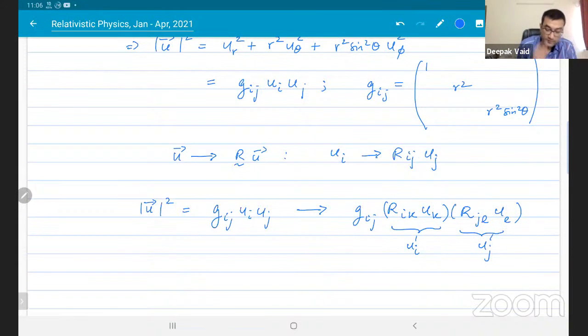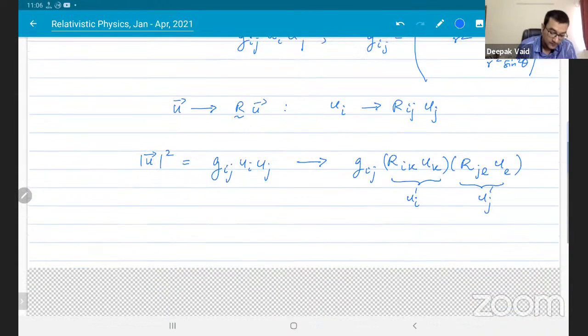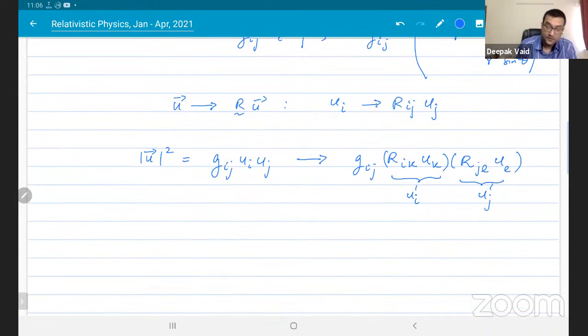This is u_j prime. Okay, so what happens to u prime squared? The norm of the vector after the rotation can be written as follows: Gij R_ik R_jl u_k u_l.